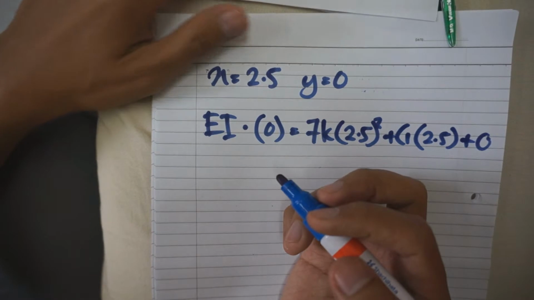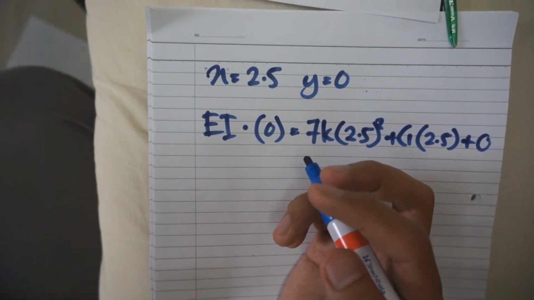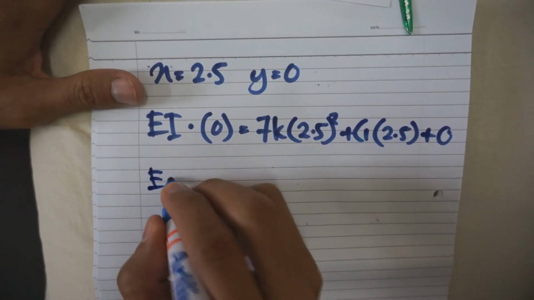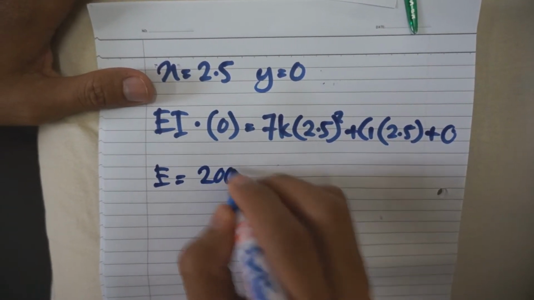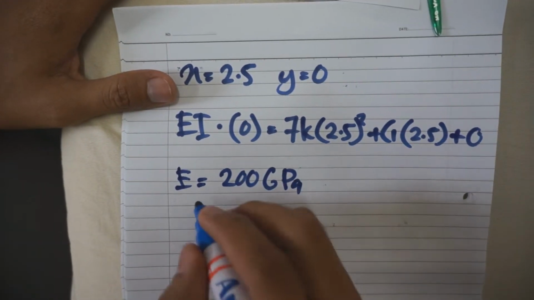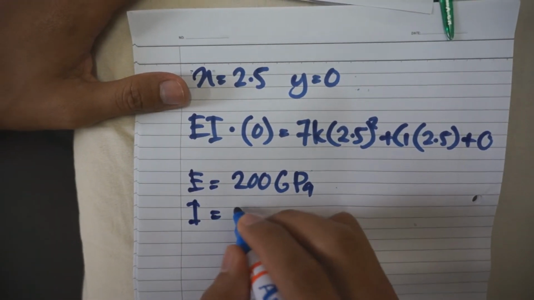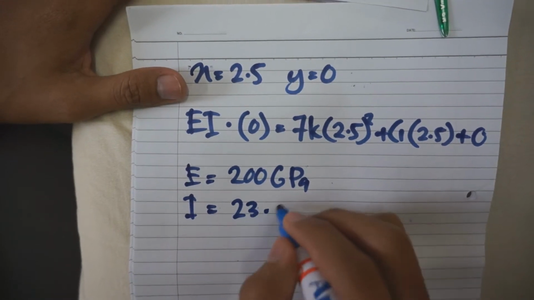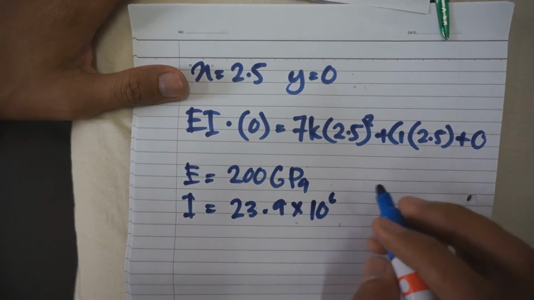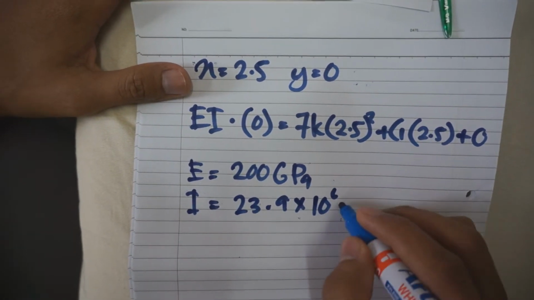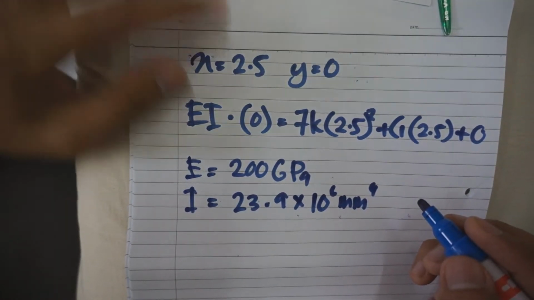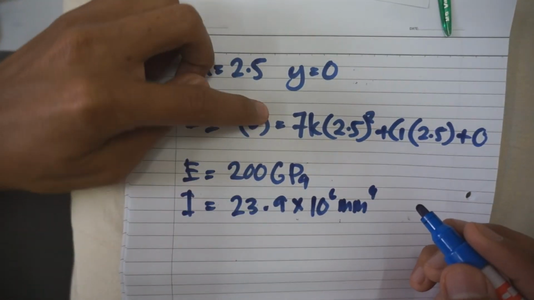Okay, in this case for the E, we assume E equals 200 gigapascal and I is 23.9 times 10 to the power of 6 millimeter to the fourth. So we substitute the numbers into this equation.